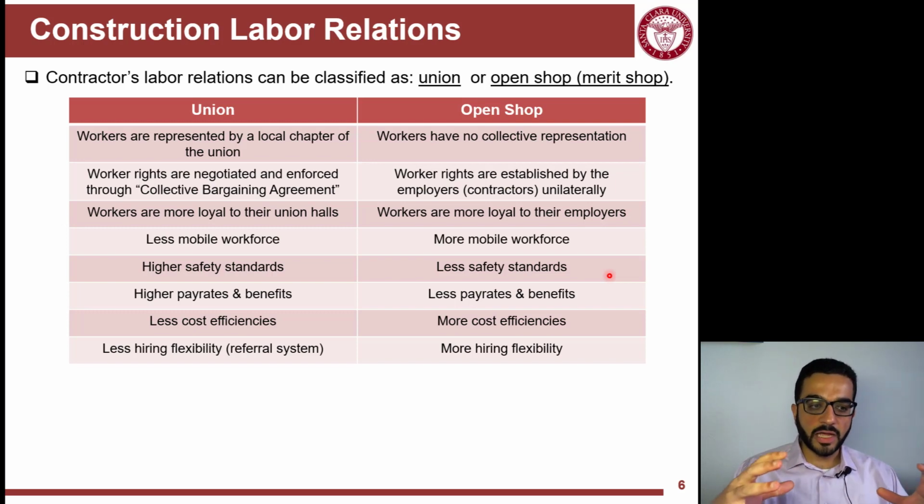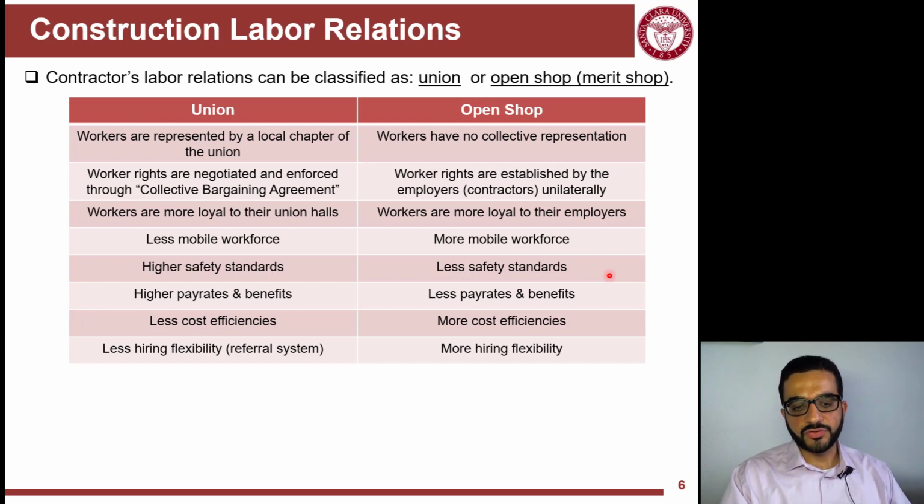So it's mostly highly paid people. But in open shop, you don't have that limitation, so you can have one or two highly paid trade people and then more unskilled people, so that the composite pay rate of the crew in open shop is more competitive. They pay less compared to the union, so they can compete better in projects compared to union contractors.